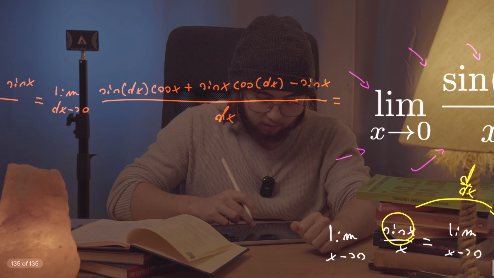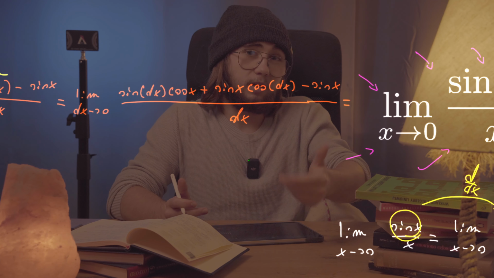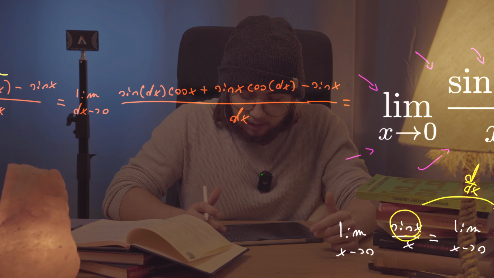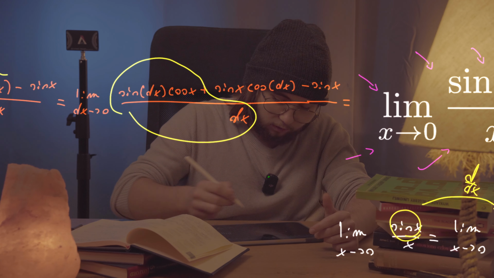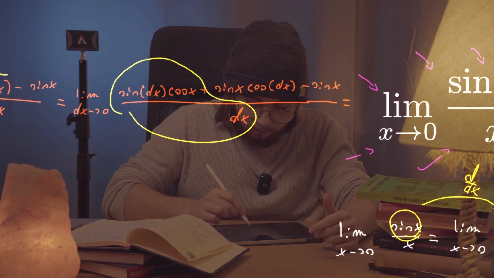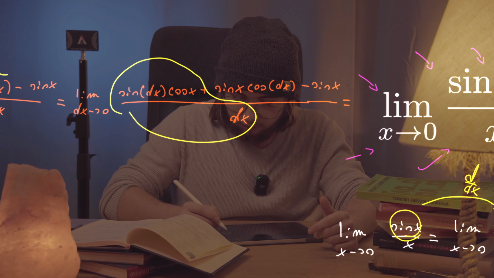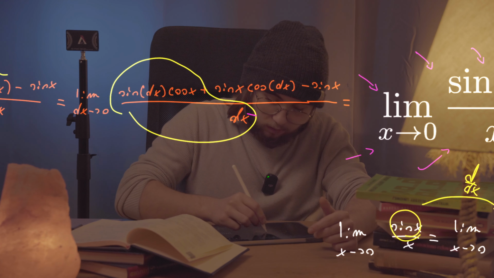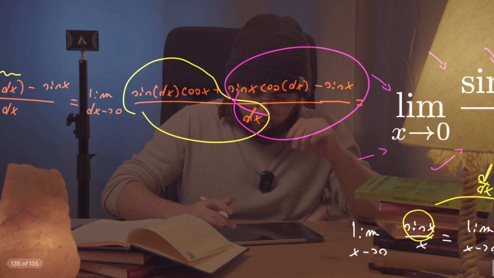Now we can partition this entire thing into two limits, because the limit of a sum is the sum of the limits. So I would like to put this stuff into a single limit, and this other stuff into another limit.